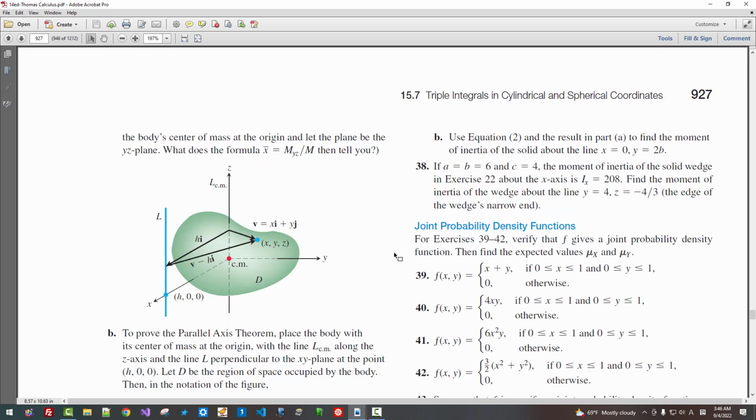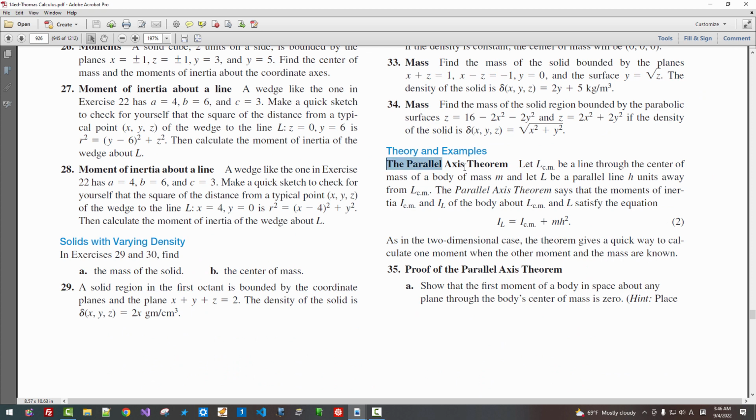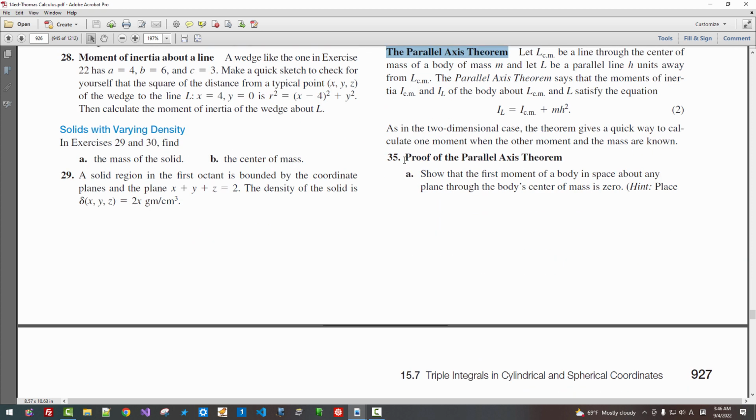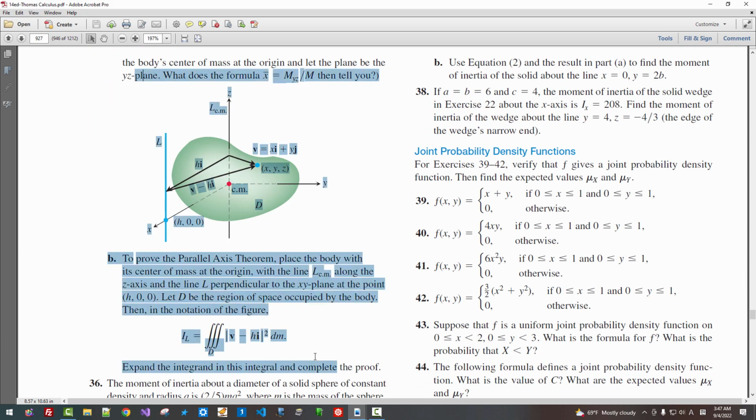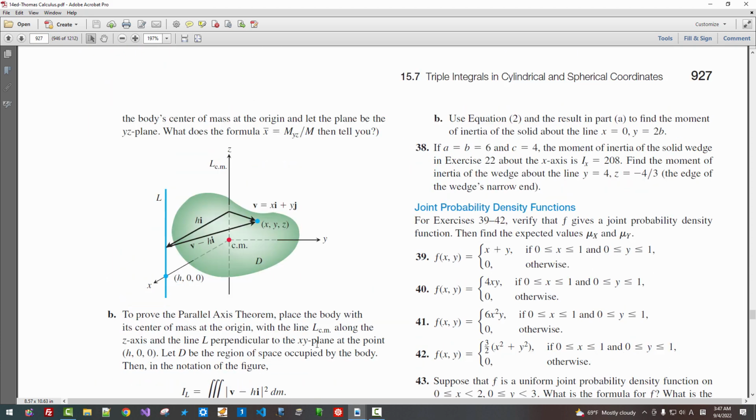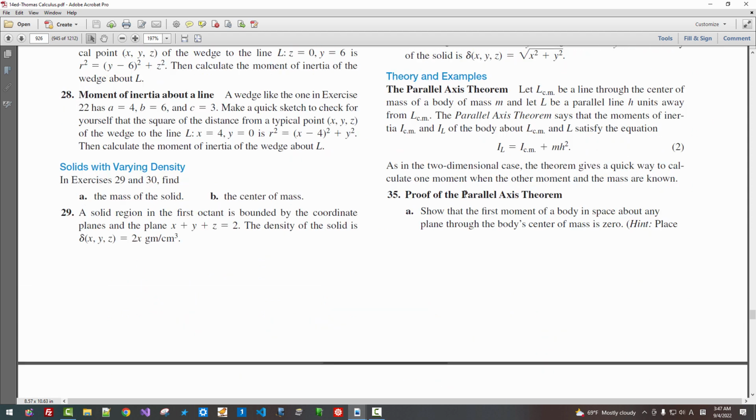In this episode, we will prove the parallel axis theorem and solve Problem 35, proof of the parallel axis theorem. Once we understand the parallel axis theorem, we can solve a wide range of problems related to rotational motion.